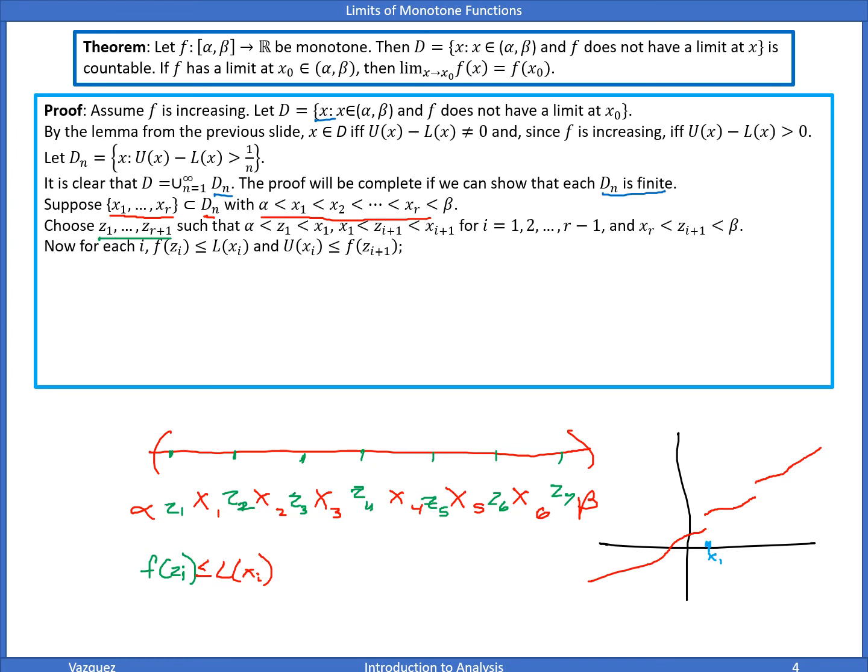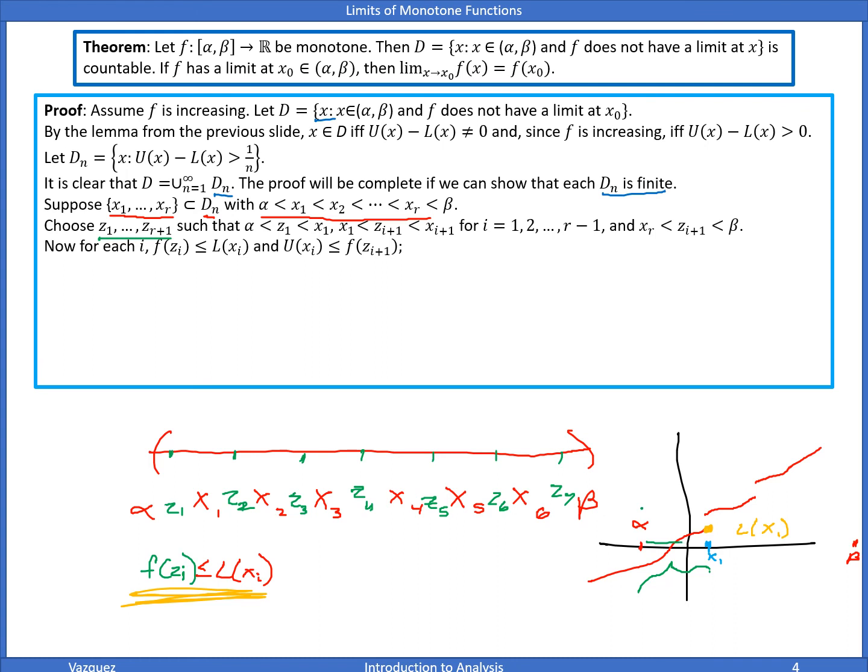Well, this point in orange would be L of x1. And then let's say alpha was over here. Beta was, I don't know, somewhere over here. So what is this saying? This inequality is saying that Z1 is wedged somewhere in this green section, right?